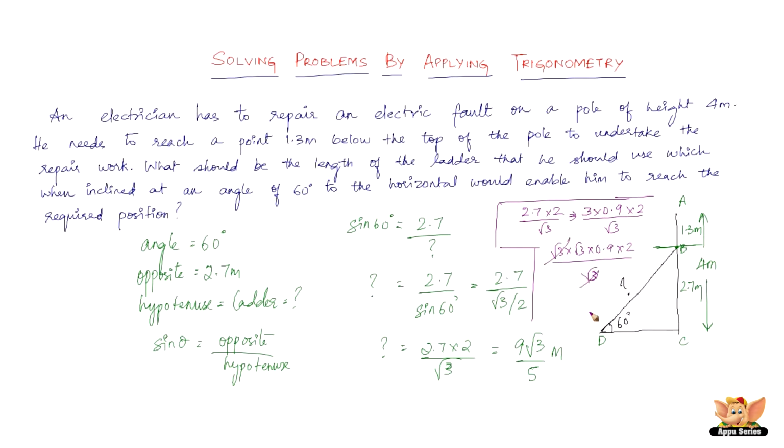Root 3 and root 3 get cancelled, and so we've got 2 into 0.9, which is 1.8. So root 3 into 1.8. So 1.8 can be written as 9 by 5, because 9 by 5 is 1.8.